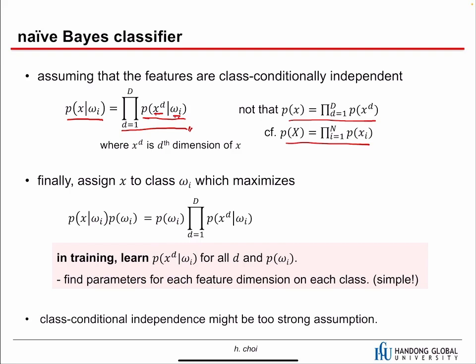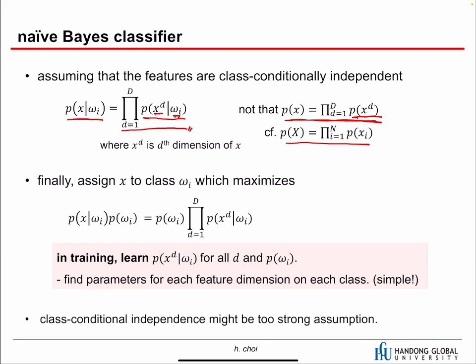that's not this. Usually, in general, the features are not independent. Features are dependent if we don't have this condition. Without it, look at this one. We're just talking about the probability of dimension d.